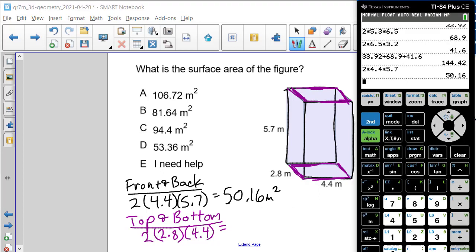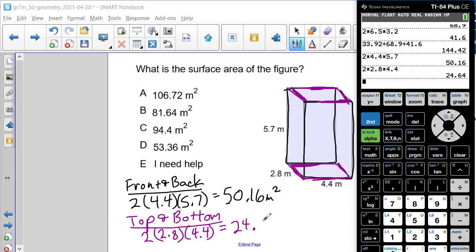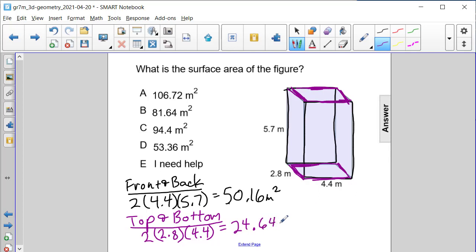So if we multiply these together, we get 24 64/100 square meters.